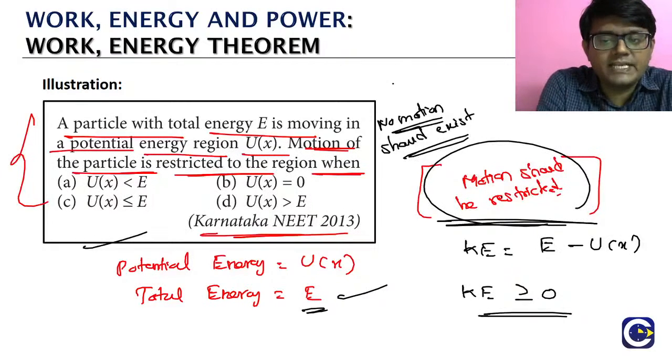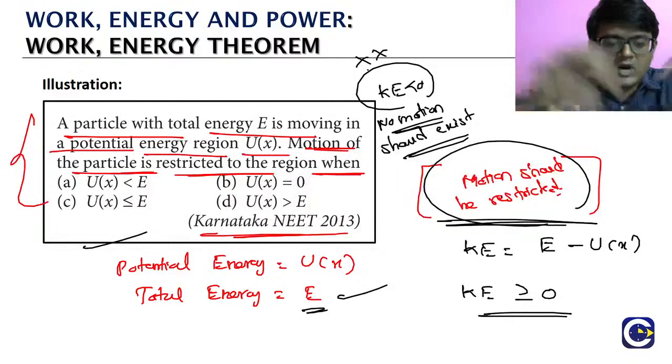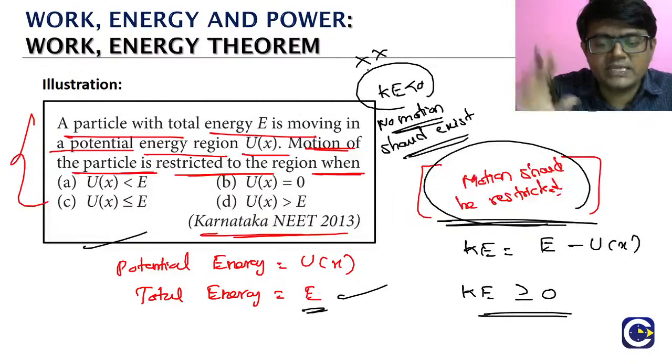What will be the outside region? Outside what will we have? Kinetic energy less than 0 வரும். Kinetic energy less than 0 means what? Because kinetic energy can never be less than 0, right? அந்த possibility வராது. So outside this நம்ம draw பண்ண boundaryக்கு வெளிய motion cannot exist.